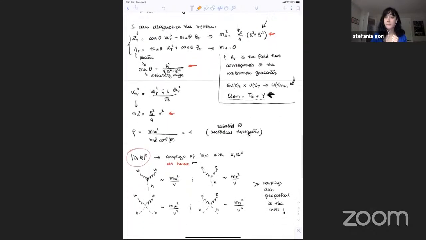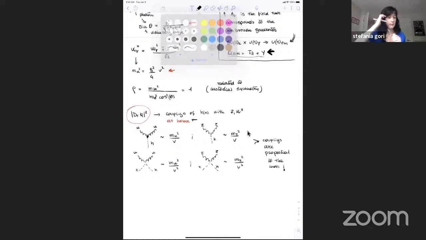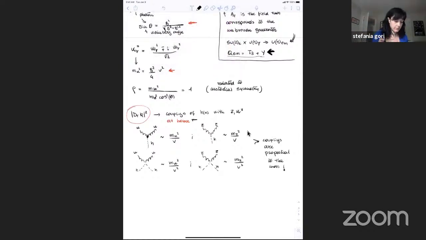Okay. So if there are no other questions, there are a couple more things I wanted to mention before entering the discussion of the Higgs phenomenology. Namely, now that we finally found the W and the Z bosons, we can compute all the couplings of, for example, the fermions with these gauge bosons.